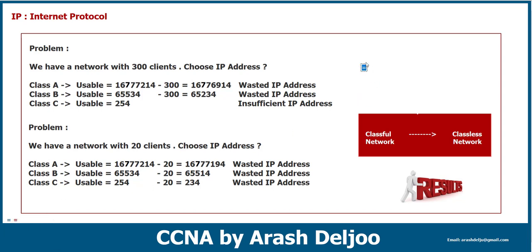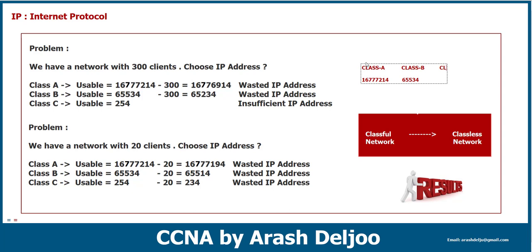If you are using a class A network, you will have this amount of IP addresses in every network, and this is a huge number, more than we need. If you are using class B, you will have this amount, 65,000 IP addresses, and again this is a huge number, and we don't need this amount in one network.